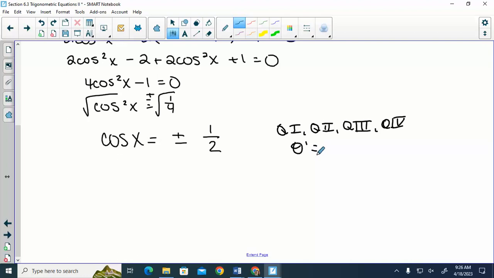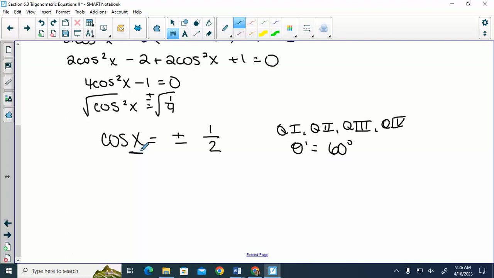Reference angle. When is cosine 1/2? 60 degrees.